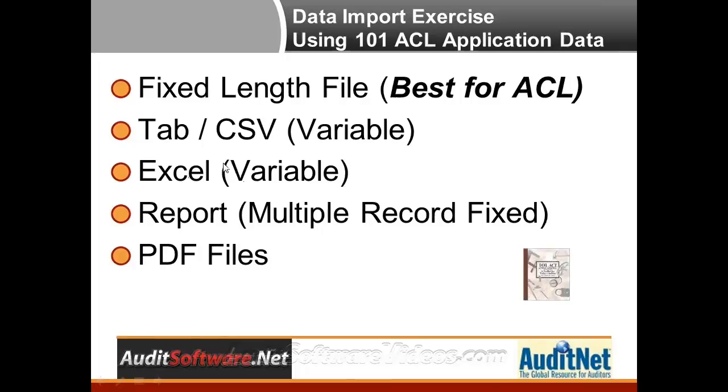Excel files, I actually don't generally take Excel files and go right into ACL with them. What I do is save them to a tab delimited file and then bring it in that way. I usually find it goes a little bit quicker, and I find that the data wizard of ACL tends to overthink Excel a little too much at times, and I find the pure nature of the ASCII tab delimit is much better.